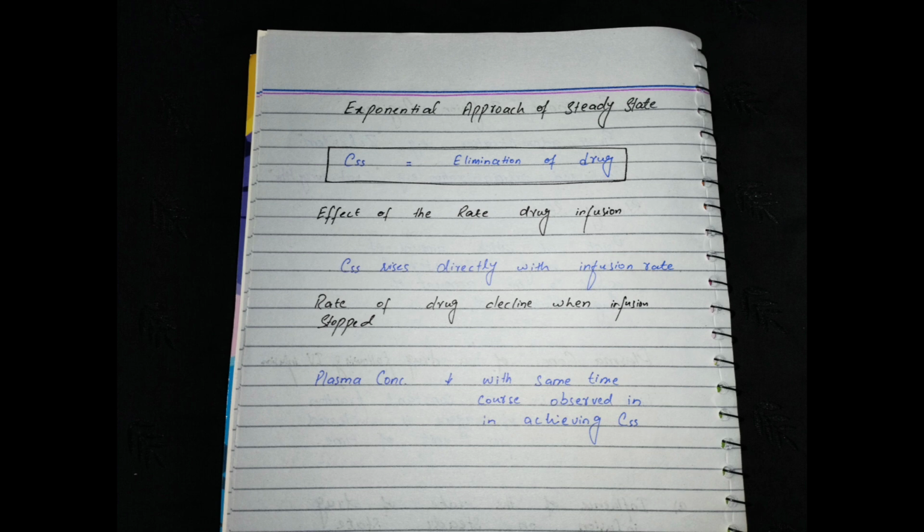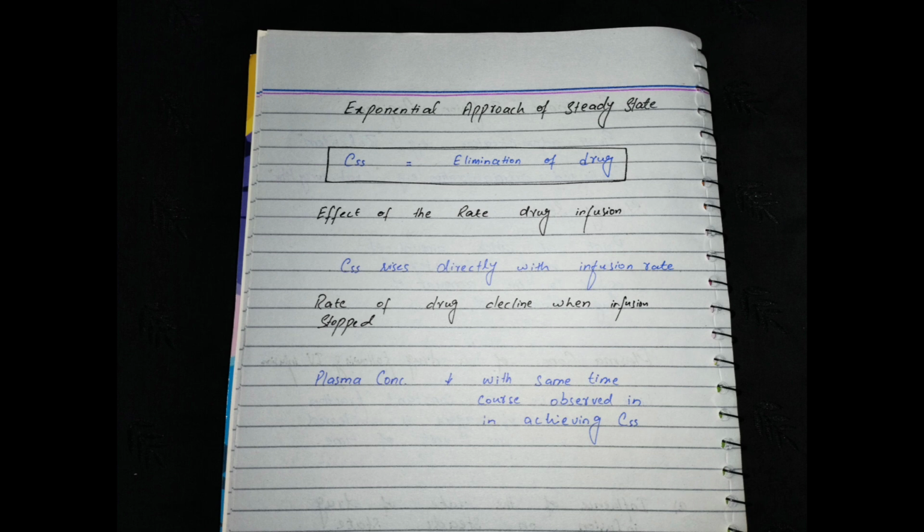Now we see the effect of the rate of drug infusion. The sole determinant of the rate at which a drug approaches a steady state is the half-life, and this rate is influenced only by the factors that affect the half-life. The rate of approach to steady state is not affected by the rate of the drug infusion.